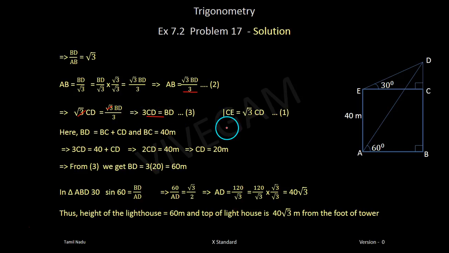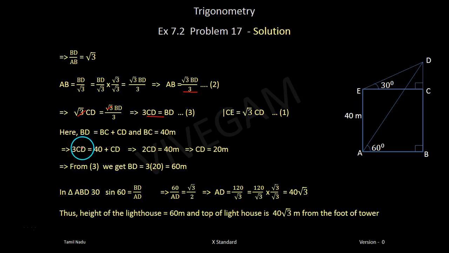Now, next equation is, you see this one, that is BC plus CD will be equal to BD. Am I right? So, that is what we have written here. So BD is equal to BC plus CD. And BC is equal to 40 meters. So substitute that. Now in this, we know BD equal to 3CD.